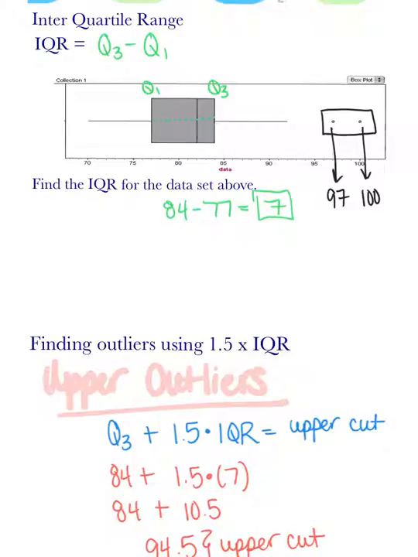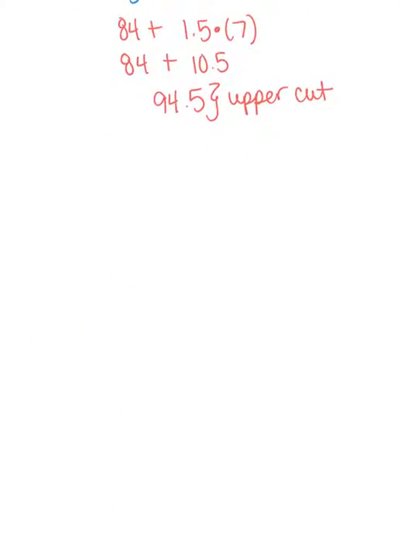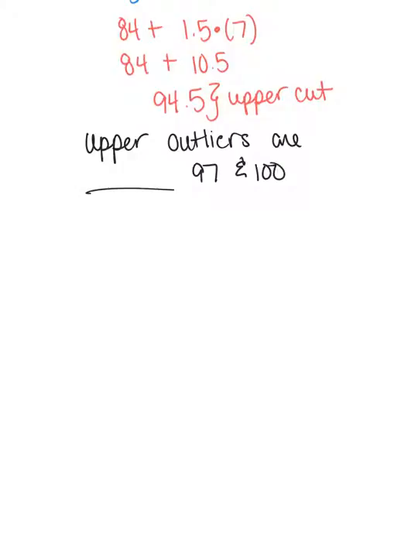But you're going to have to be able to prove outliers algebraically, and you're also going to have to prove them whenever you don't have the Fathom program. So here I can say my upper outliers are 97 and 100.